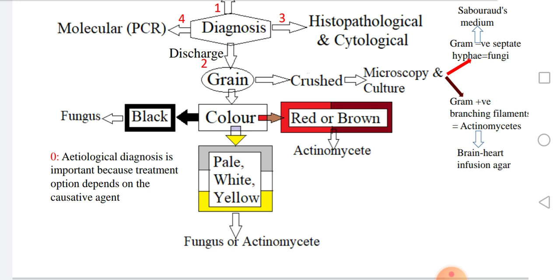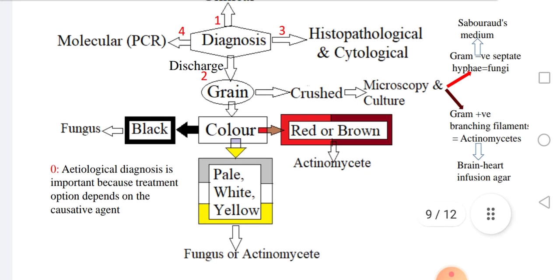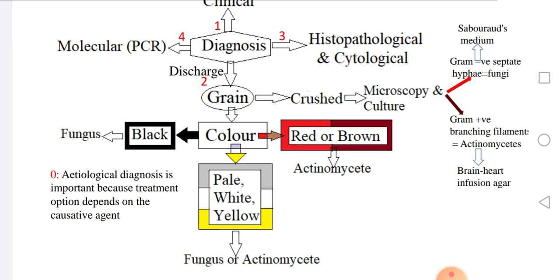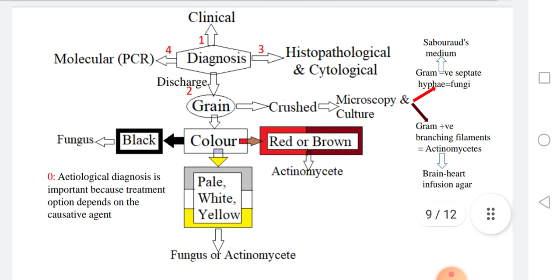Then you take the grain itself. After identifying the color, you crush it. You divide it into two parts, and you can look under the microscope after you add a drop of saline so as to see the structures, the branching filaments in case of actinomycetes, and the septate hyphae in case of fungi.